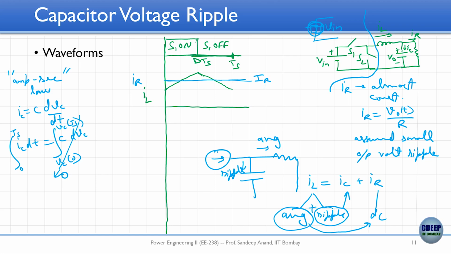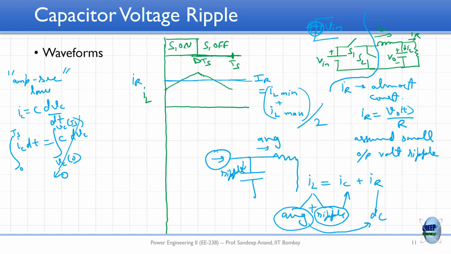This IR magnitude is nothing but equal to IL min plus IL max, divided by 2. How would you find an average of a triangle? Max plus min by 2.